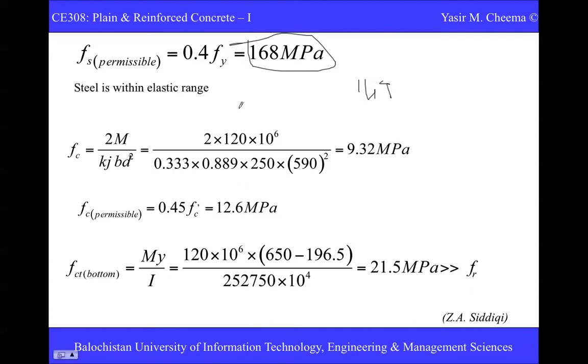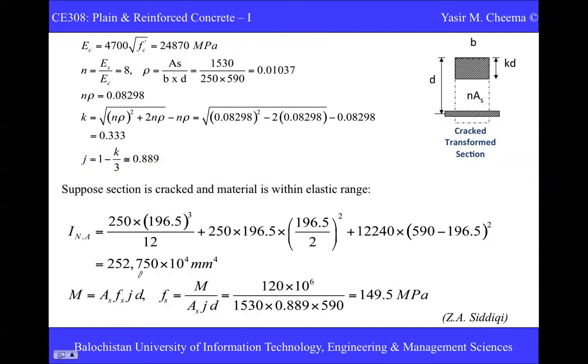The same formula applies again, the previous formula, but now in terms of concrete: Fc is equal to moment over kjbd squared. So moment is equal to Fc times this, and you just put the value of j, where j is equal to 1 minus k by 3, in terms of kd.